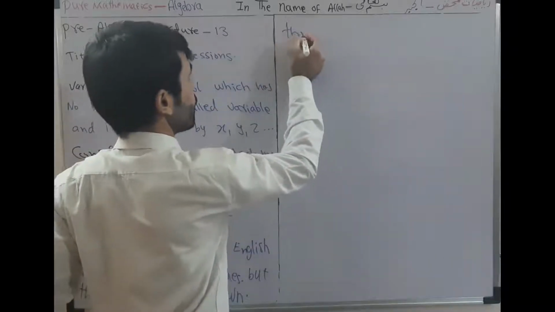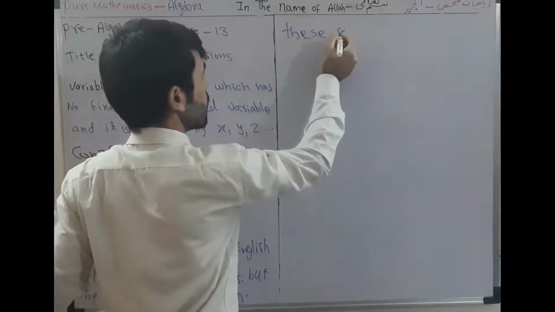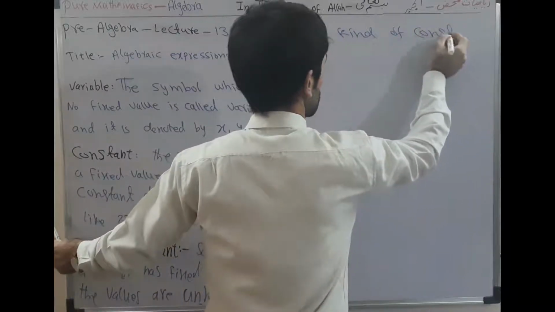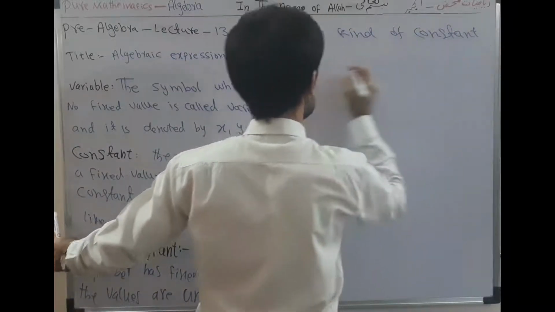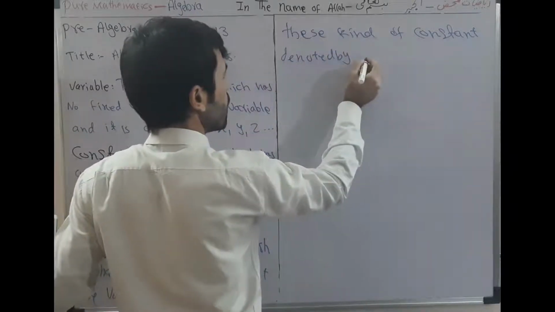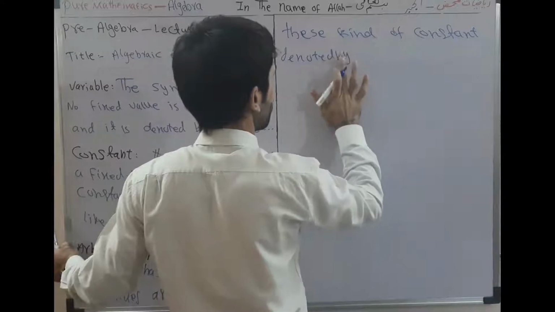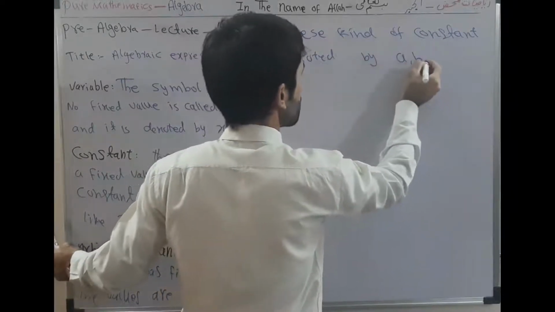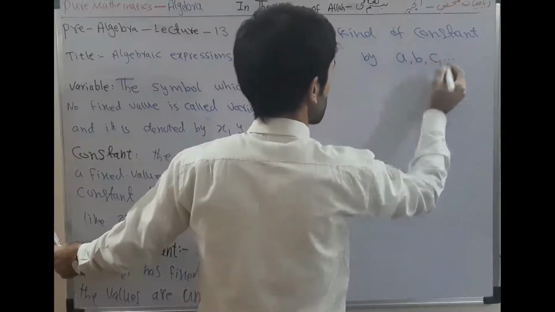This kind of constant is denoted by a, b, c, and so on.